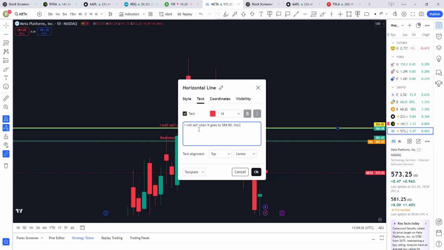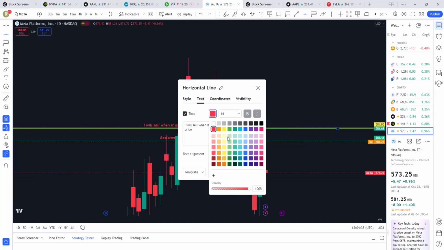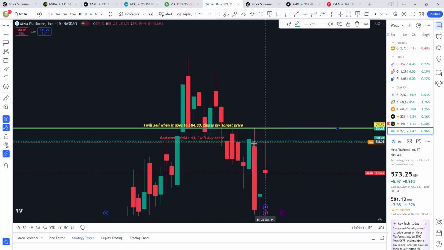This is my target price. So therefore, you can change this to a different color. Just put this in yellow, and then you say that's okay. So that means whenever the price goes to that target price, which is 584.80, you will sell. That means this is your target price. You will sell because that's your target price.